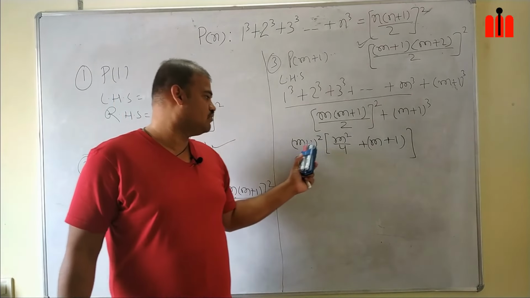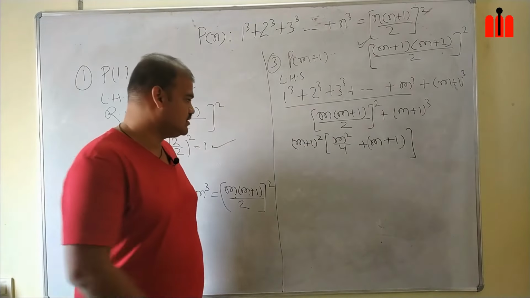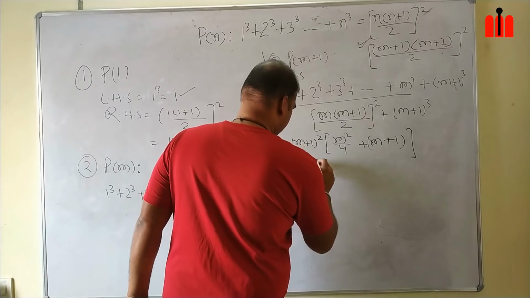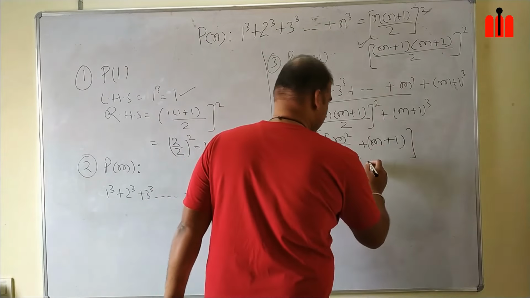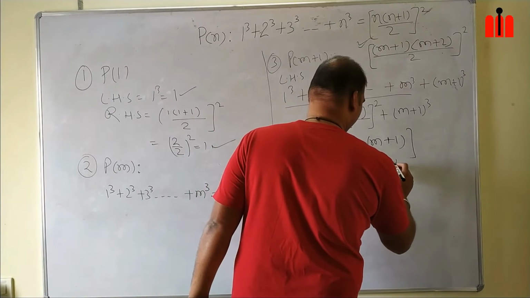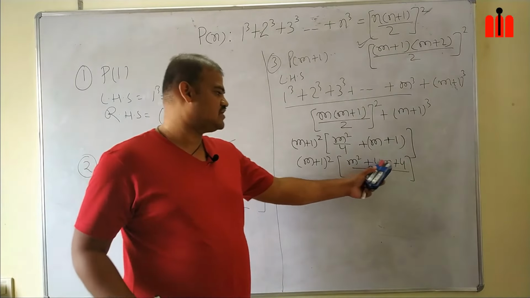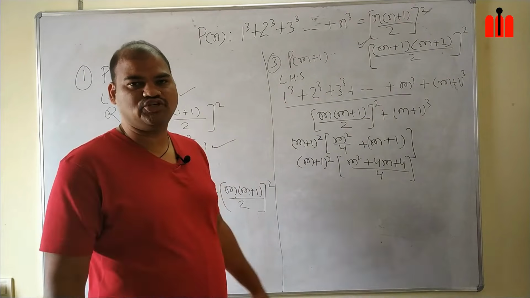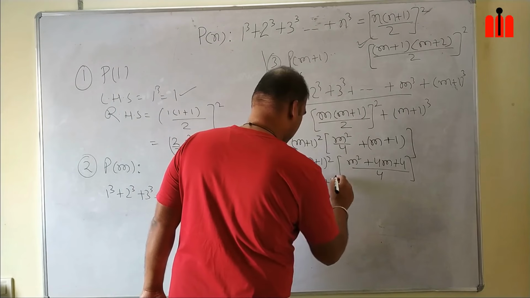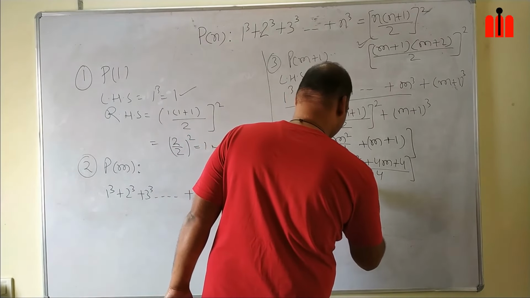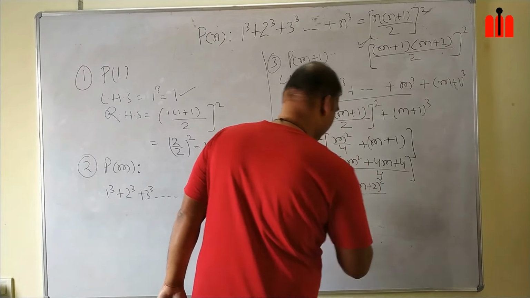As it is m plus 1 whole cube, m plus 1 whole square is common, leaving m plus 1. Further solving it, you take the LCM here and you get m square plus 4m plus 4 by 4. So m square plus 4m plus 4 will be your m plus 2 whole square. So you will get m plus 1 whole square into m plus 2 whole square by 4.